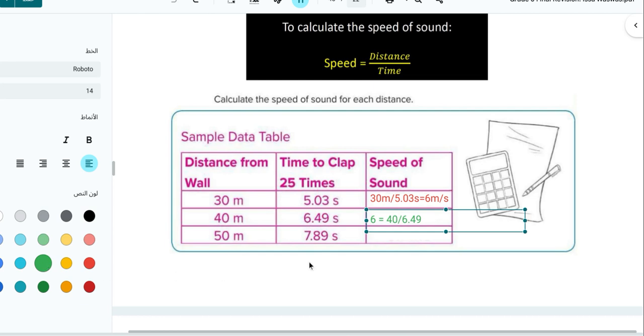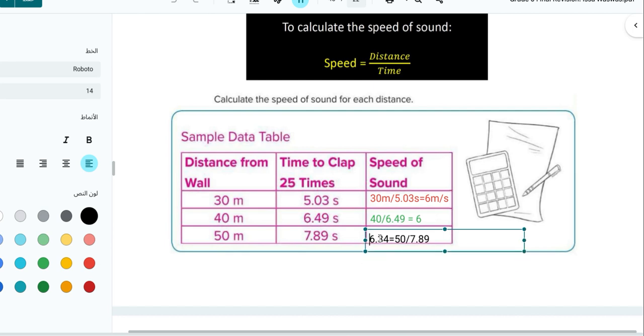Then we'll go to the last one. 50 divided by 7.89, which is equal to 6.34.